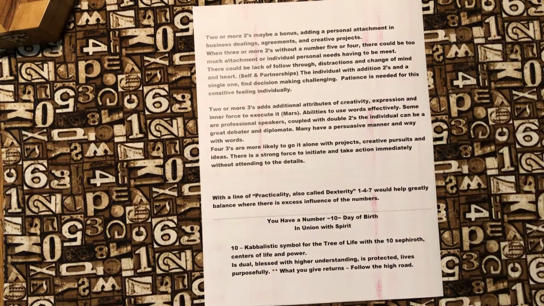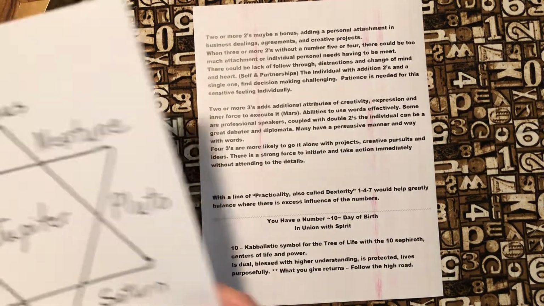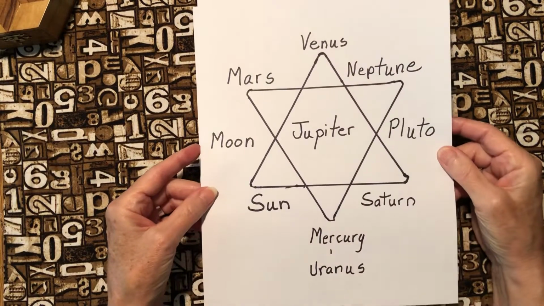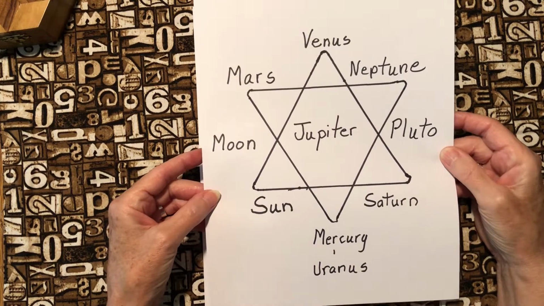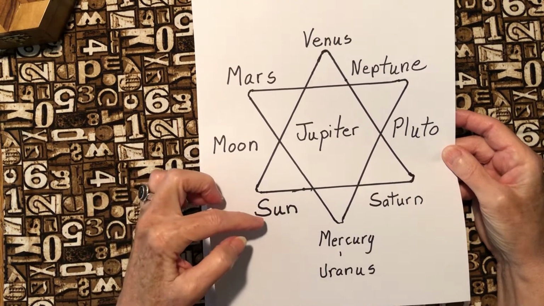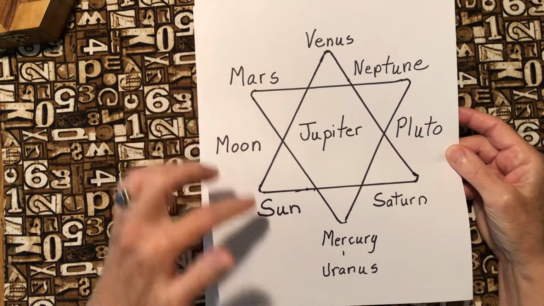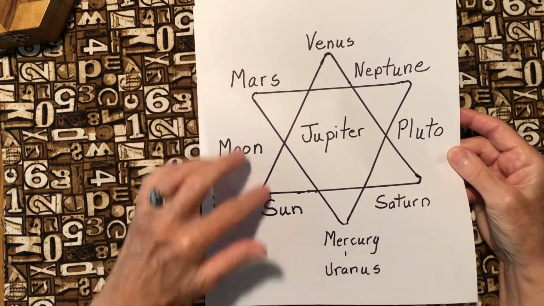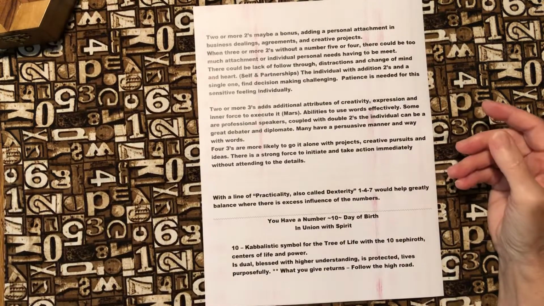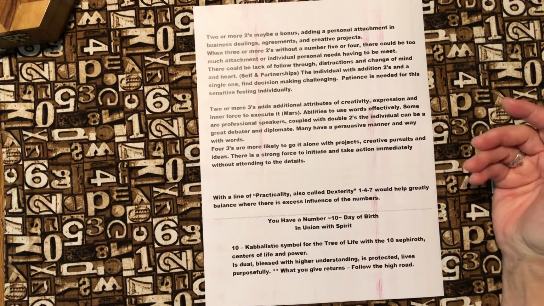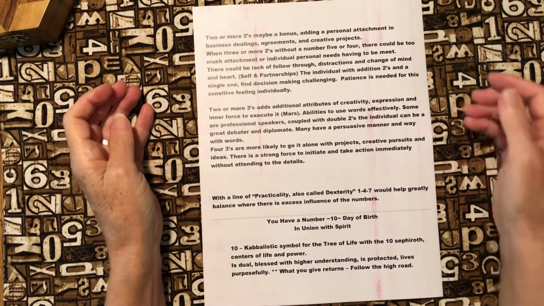Okay, now Mars, here's a reminder of the planets you're working with in this plane of thought. You have the sun, you have the moon, and you have Mars, all working in unison to bring about your ideas, your creativity, your plans.